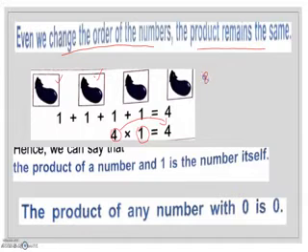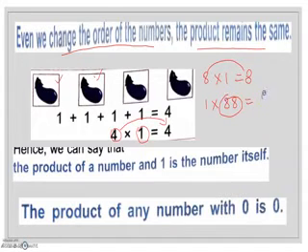If we multiply 8 into 1, you will get 8. 8 into 1 is equal to 8. If we multiply 1 with any number, you will get that number as the answer. So our second property is, the product of a number and 1 is the number itself.